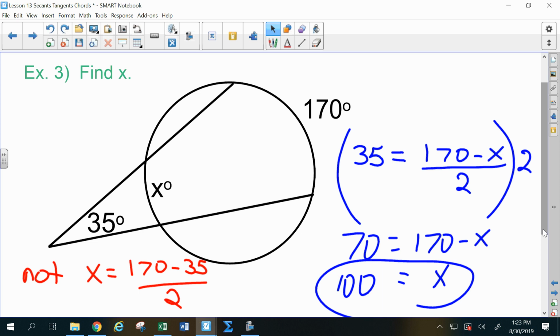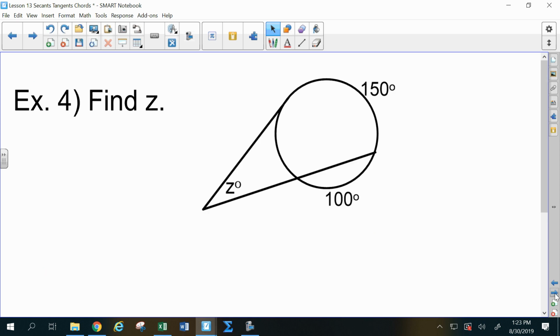Okay, different twists with this next one. So they cross outside. So plus or minus in my formula? Minus. So z equals (150 minus 100) over 2. What's wrong with that? It's not the correct arc. I need this arc. How can I get it? So circle sum, very good.